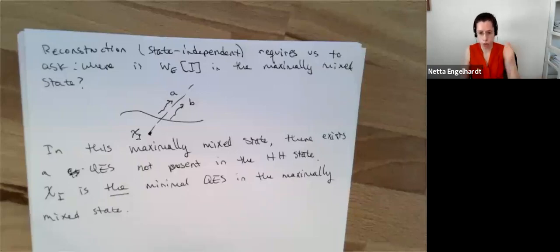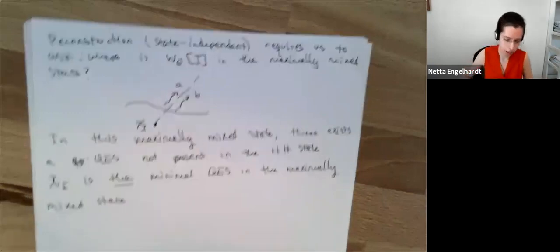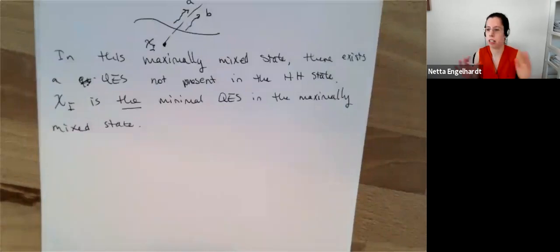But what I want to emphasize here is that the quantum extremal surface in the maximally mixed state is a geometrization of the state dependence of the black hole interior. It's been noted by many people in many different ways that state dependence is one possible way of saving you from the firewall problem, if the reconstruction of everything in the black hole interior is state dependent.